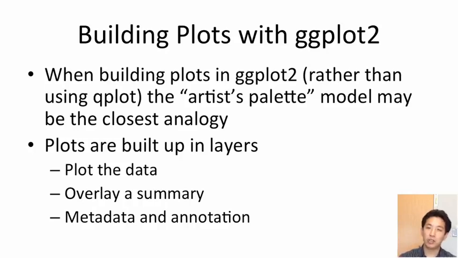So the first thing you usually start with is you tell ggplot about the data that you're working with and some basic aesthetics, like if you're making a scatter plot, here are the x and the y variables. Then you might overlay a statistical summary, like a smoother or regression line, something like that. And then on top of that, you might have some metadata or extra annotation for the plot.